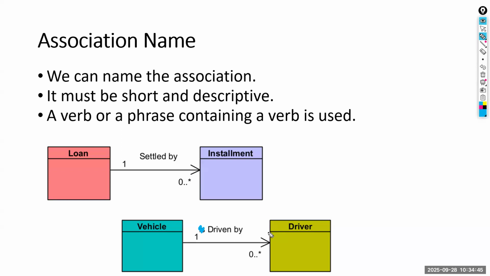That means a vehicle is associated with a driver. Actually, this is not a very good way to present it; it should have been the other way, driver associated with vehicle rather than vehicle associated with driver. But if you are driven from the vehicle side, maybe this is correct because you are more interested in the vehicle than the driver. Maybe this direction is also correct. Or maybe this is bidirectional.